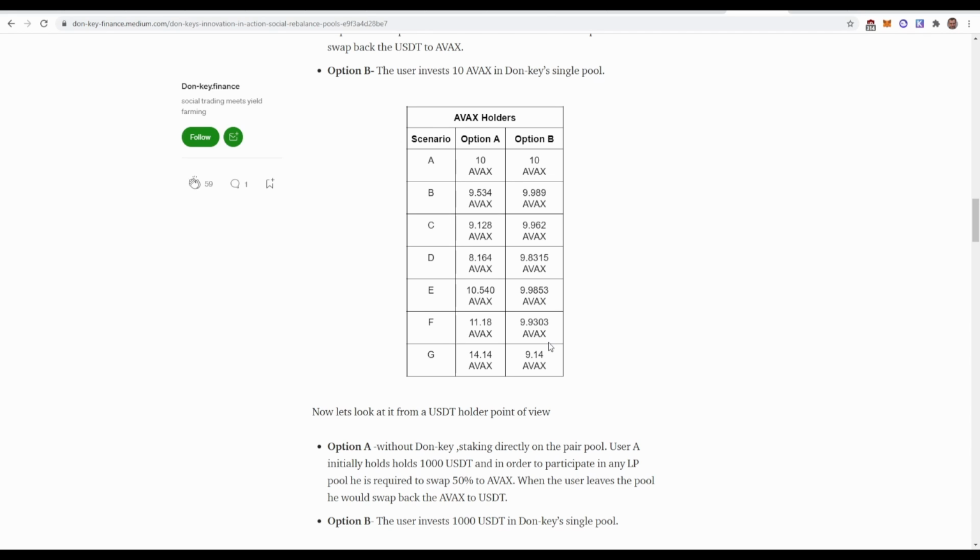So this is a very, very cool idea that basically allows you to farm more or less at the advertised APR, and it mitigates the impermanent loss, but also the impermanent gain that you would incur. So, of course, it is not possible to cut it out completely, but as we can tell, there's a lot of difference here. I mean, in this case, the AVAX holders would be having impermanent gain.